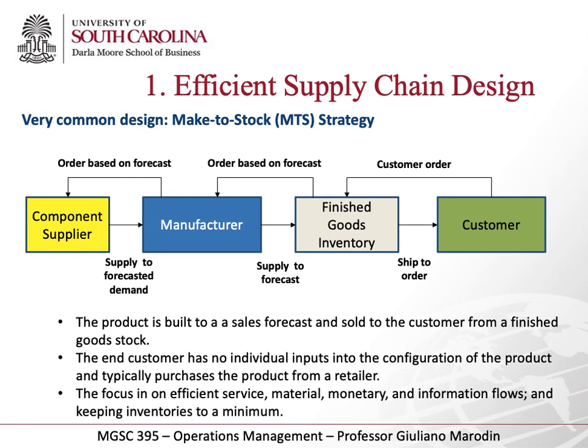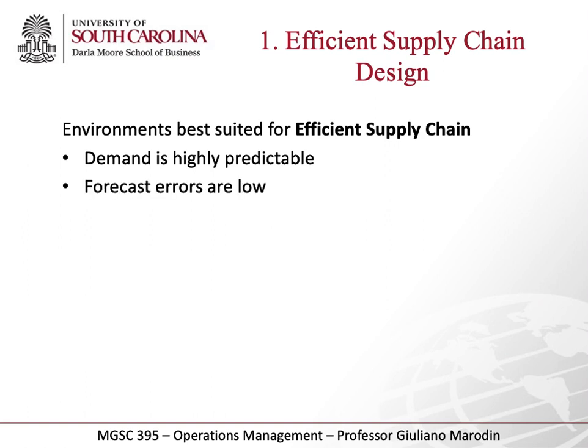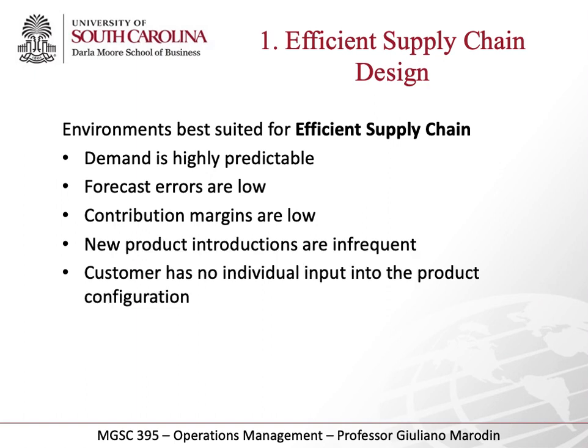That's the example. Do big sales forecasts, produce, and move the goods to the customer as efficiently as possible. So, what environments are best suited for efficient supply chains? The ones where the demand is predictable, so you don't have big variation, and because of that, forecast errors are low. When there is a lot of volume, the margins are usually very low.